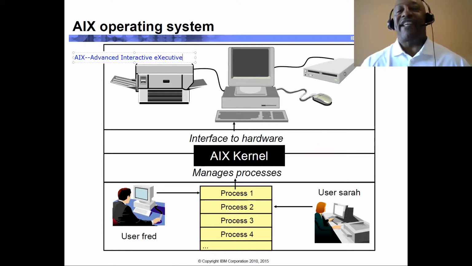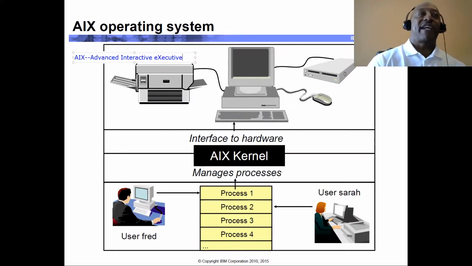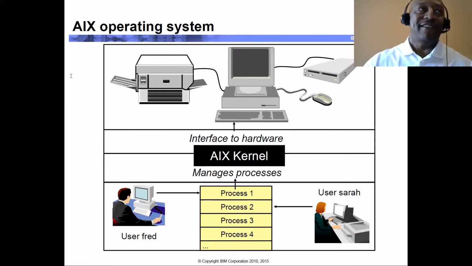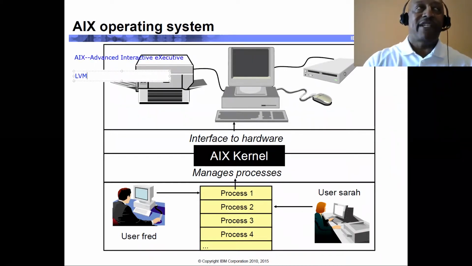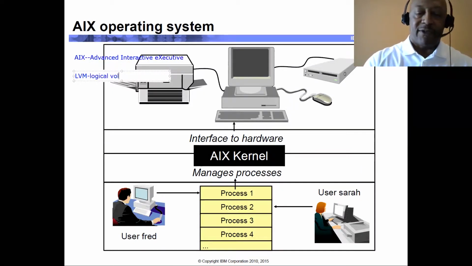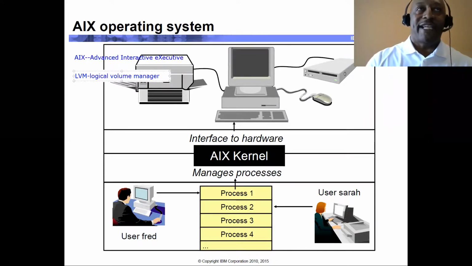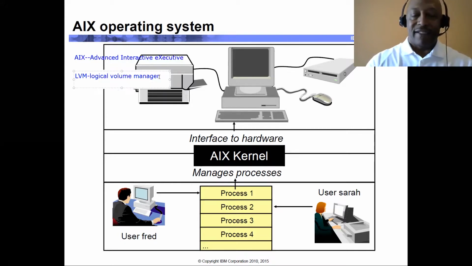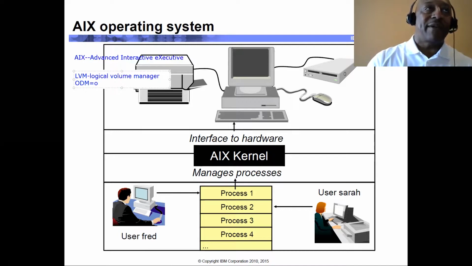Now, what makes AIX a little bit different than most Unix-based operating systems is something called the LVM, which is the Logical Volume Manager, and also the ODM, which again is the Object Data Manager.